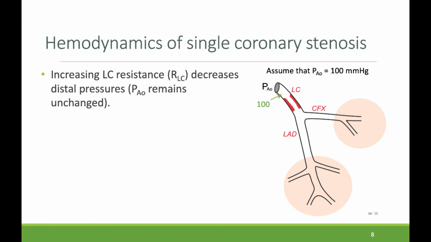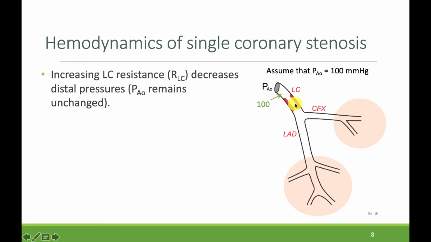Now, stenosis means a narrowing of the artery, so this could be due, and most commonly due, to atherosclerotic plaques that are forming in the coronary artery. So that's denoted here with these red lines on the inside that is producing a narrowing of the left coronary artery. So this is going to increase the resistance of the left coronary artery proximal to the circumflex and LAD branches.